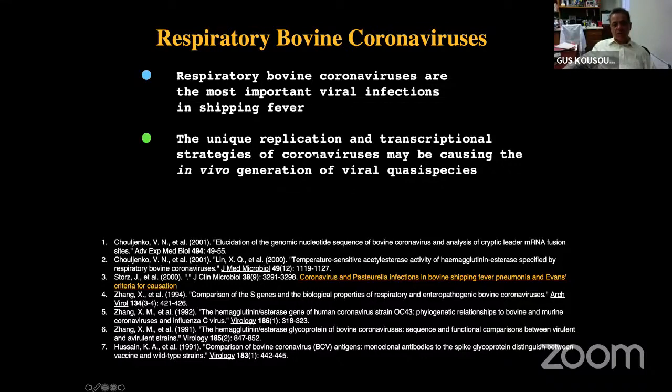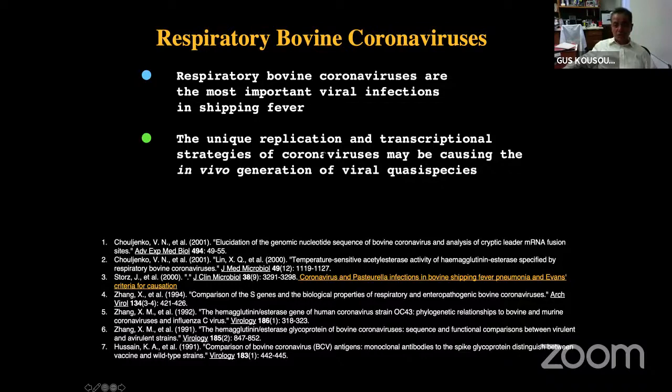In fact, for bovine coronaviruses, there are distinct genotypes that affect mostly the respiratory tract or mostly the gut, and most likely the hypothesis for us at that point was that the acute respiratory disease syndrome in cattle was really caused by bovine respiratory coronavirus that was then followed by Pasteurella hemolytica infection, which is a bacterial infection.